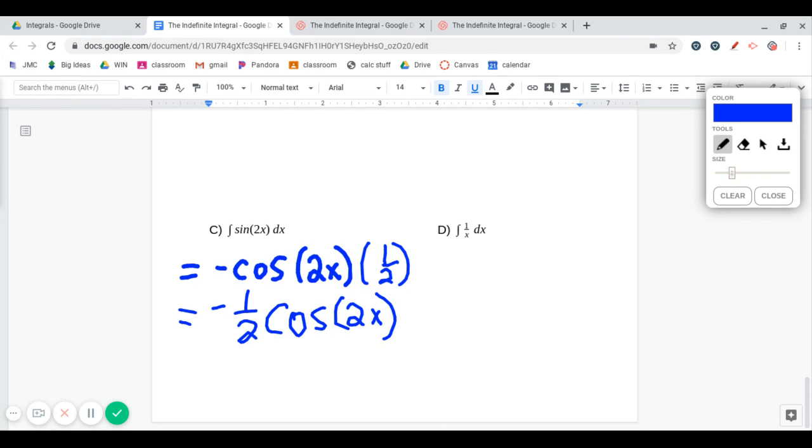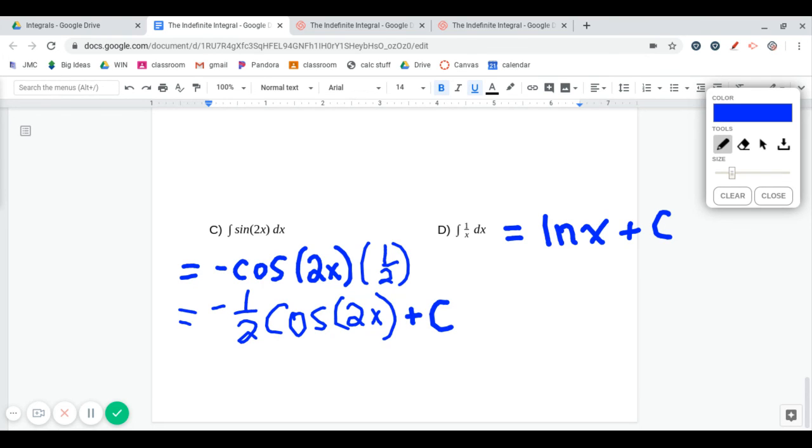Last up, the integral of 1 over x. This is one that you're going to want to start recognizing, because this is the natural log of x. Oh, okay, plus c. I made a mistake.